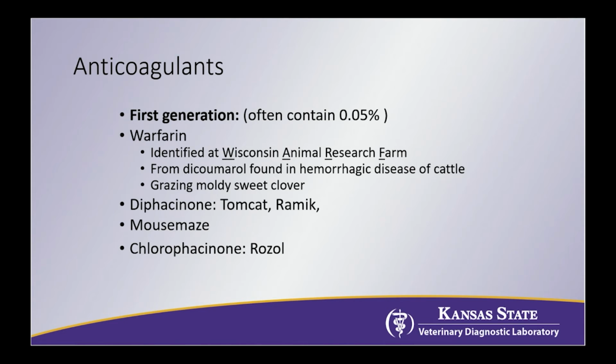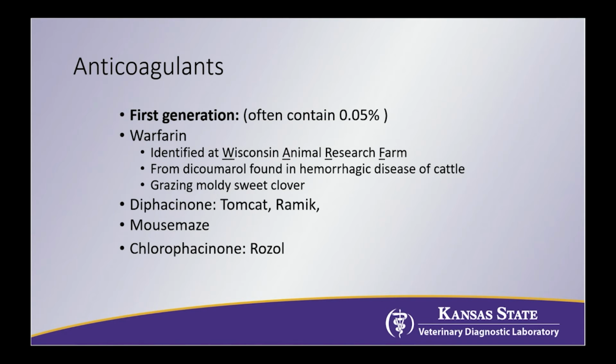So looking at the box with that name on there doesn't tell you what the active ingredient is, because the rodenticide manufacturers still use the same trade name, but they changed the active ingredient. So without having the box to look at, it can be very difficult. But again, we can help you sort those out.